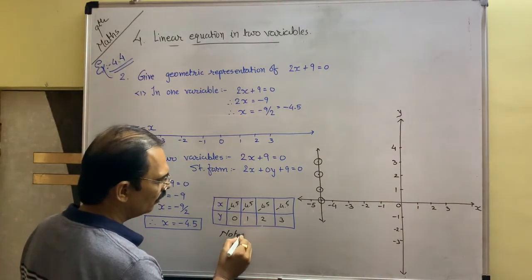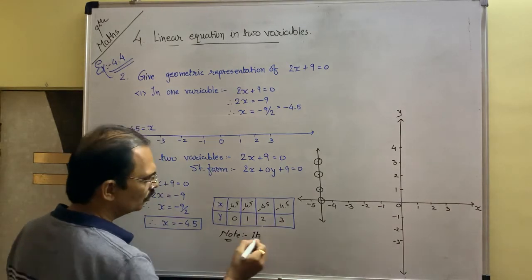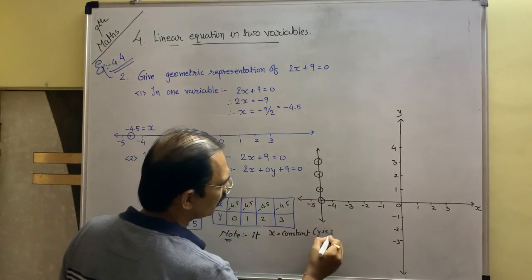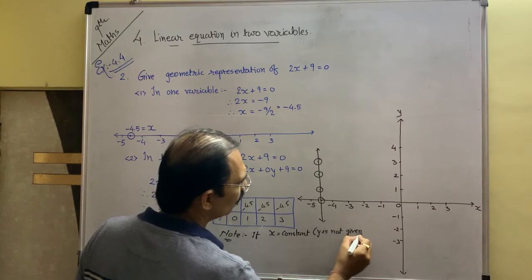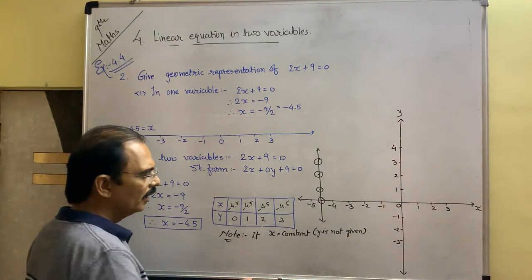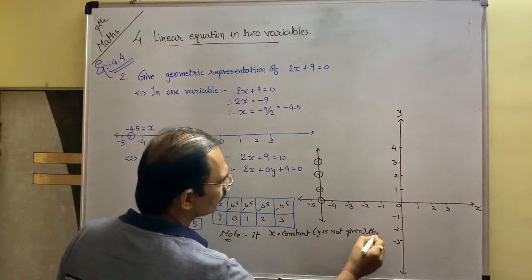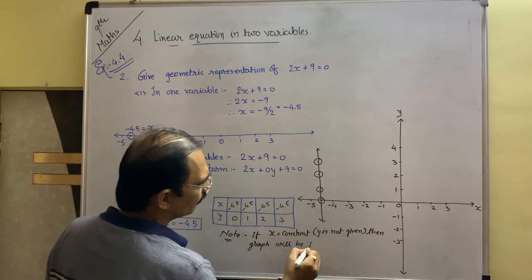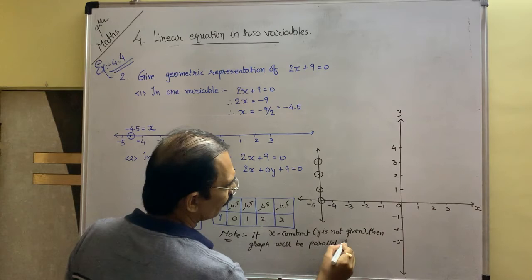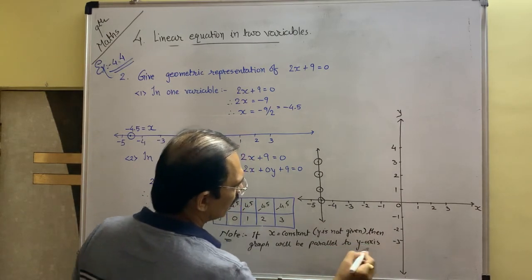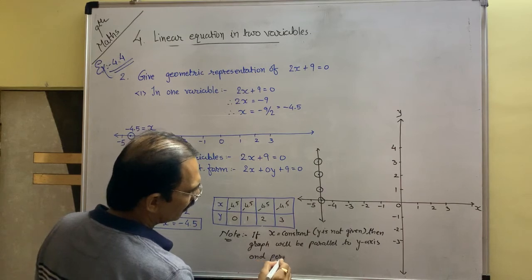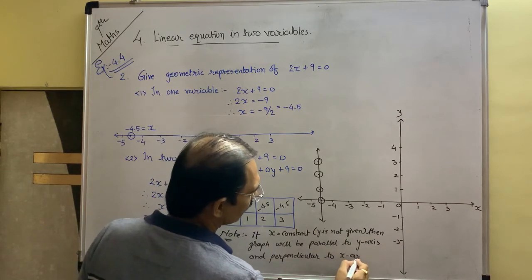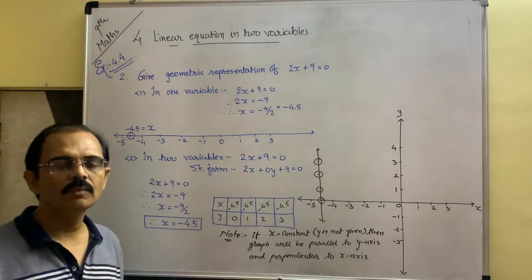The rule is: if x equals to constant, or in your language y is not given, or the coefficient of y is 0, whatever you say, if x equals to constant, then the graph will be parallel to the y-axis and perpendicular to the x-axis, vice versa, the opposite of question number 1.